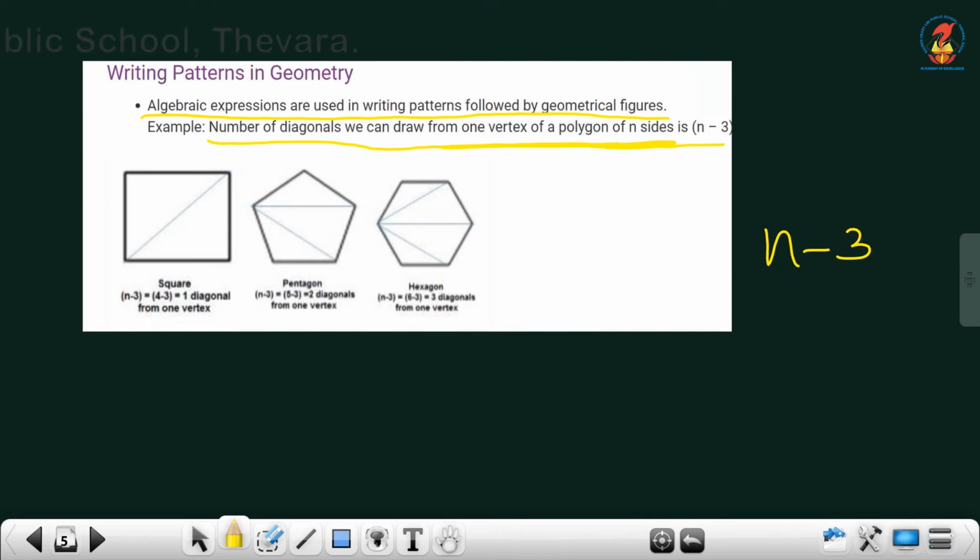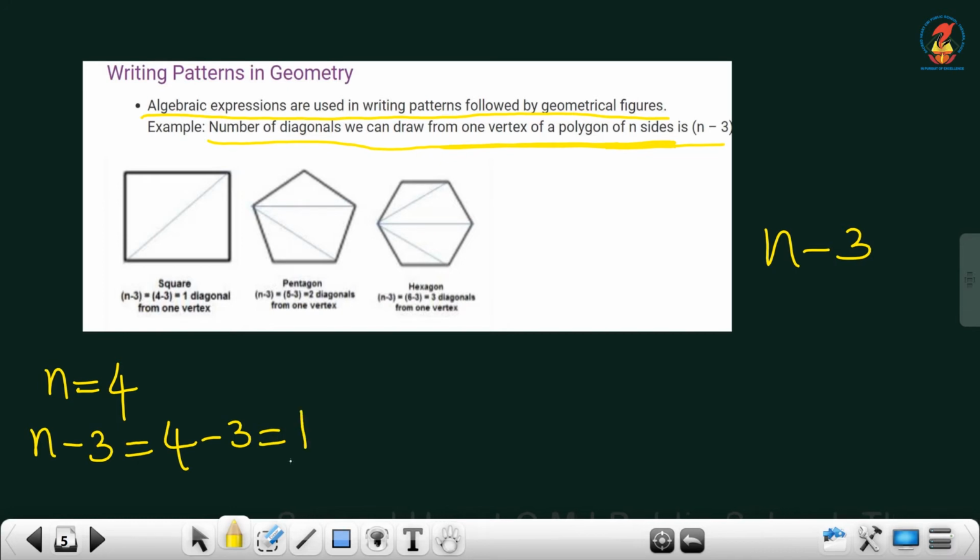Now look at this example, children. From one vertex you can draw how many diagonals? If the number of sides is n, here how many sides are there? N is 4 here. That means a 4-sided figure. Number of diagonals which can be drawn from one vertex of a polygon of n sides is n minus 3. So what is the value of n minus 3? 4 minus 3 is equal to 1.